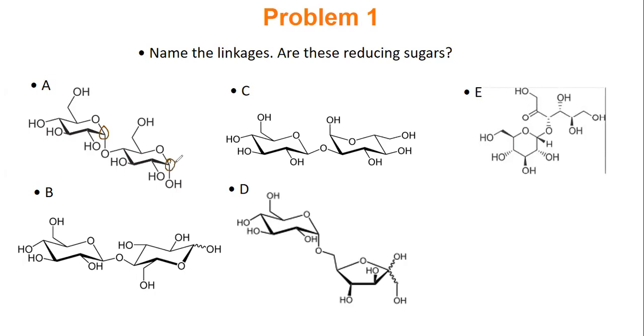Again, is connected to two oxygens. And once you find your anomeric carbons, well, let's just focus on the left. The anomeric carbon in a 6-membered ring is always carbon number 1. In a 5-membered ring, it is always carbon number 2.